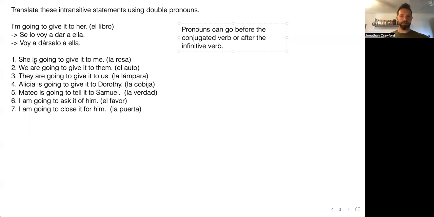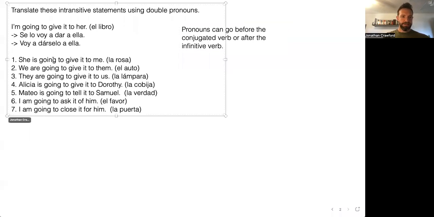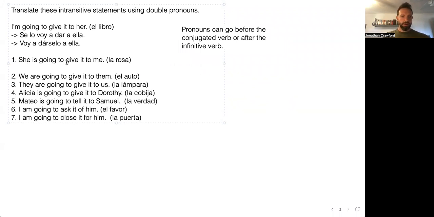All right, so now let's do this one. How would you say this in Spanish? She is going to give it to me. So go ahead and pause it and think how you would say it, and then see if our answers match. So she is going to give it to me. How would I say this? And it's la rosa.